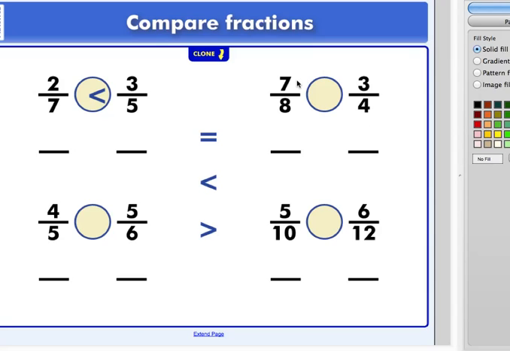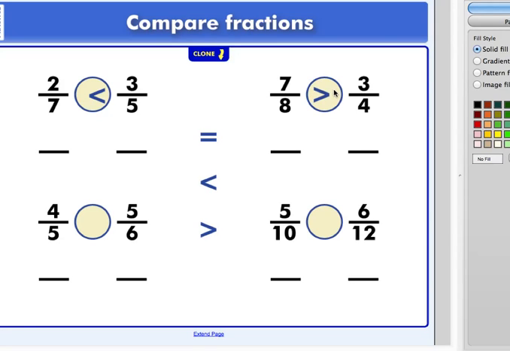But what do I know about these sizes of pieces? 7/8 is only 1/8 away from being a whole. 3/4 is only 1/4 away from being a whole. But what's a bigger chunk to be missing? A 1/8 size chunk or a 1/4 size chunk? 1/8 is a smaller chunk than 1/4, isn't it? So 7/8 is going to be closer to 1, which means 7/8 is greater than 3/4.